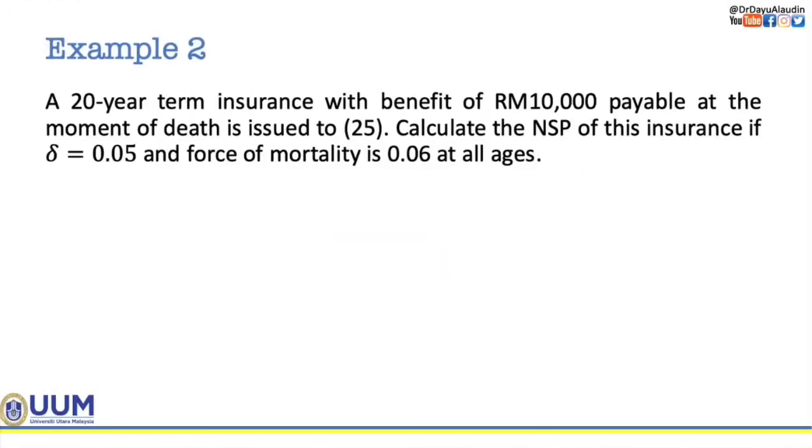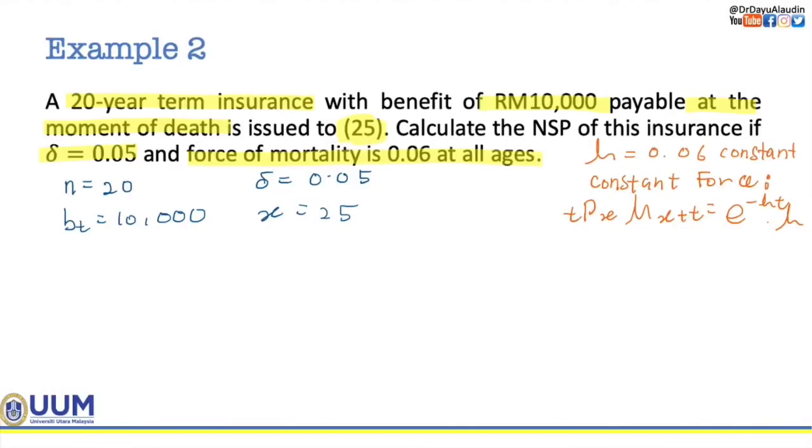Example 2. So same as example 1. However, this time we use force of mortality of 0.06 at all ages. So this is constant force. Since mu is constant, 0.06, we have to use TPX mu x plus T equal to e negative mu T times mu.